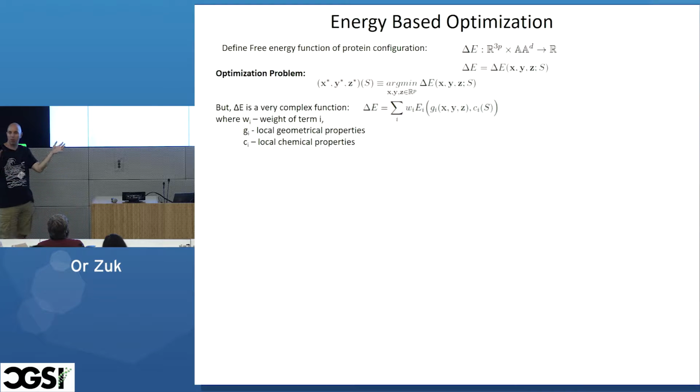The molecule is large and complex, and you're trying to write the energy as a function of simple terms. So each Ei depends on Gi and Ci, where Gi is a local geometric variable, and Ci is a local chemical variable, right? So for example, Gi can be, if you have a chain of the backbone of the protein, an angle between two amino acids.